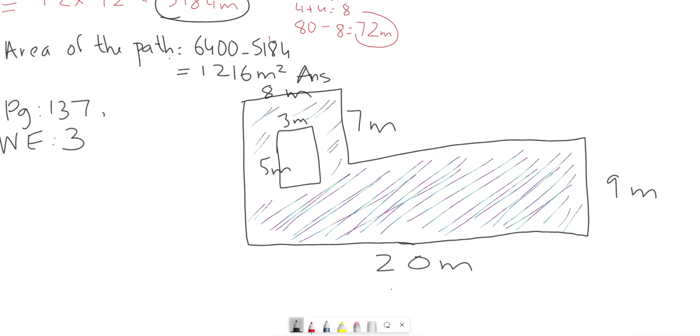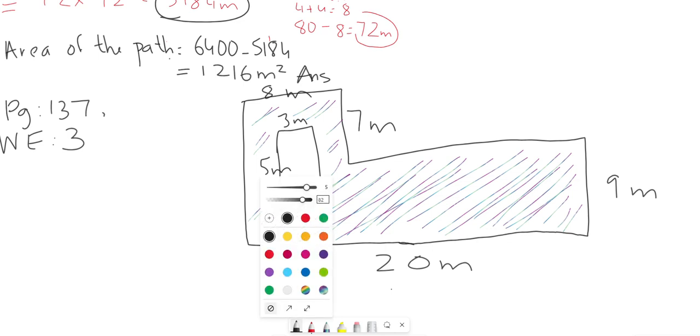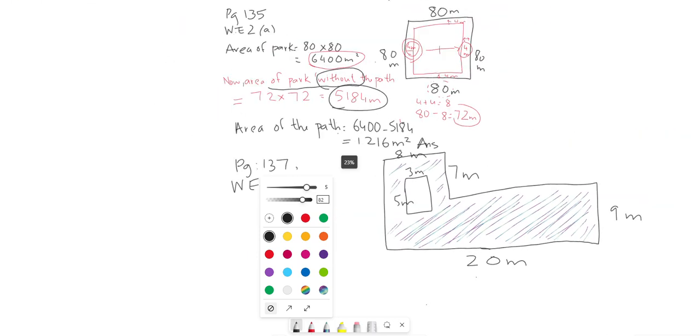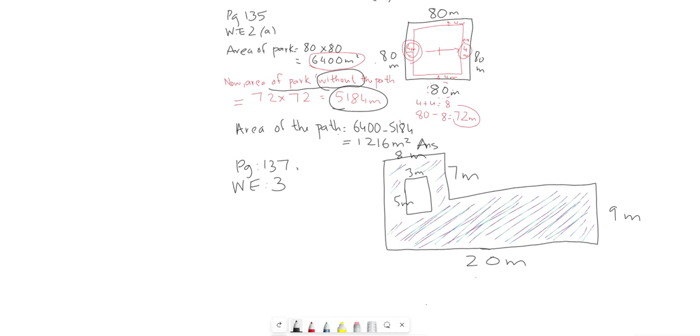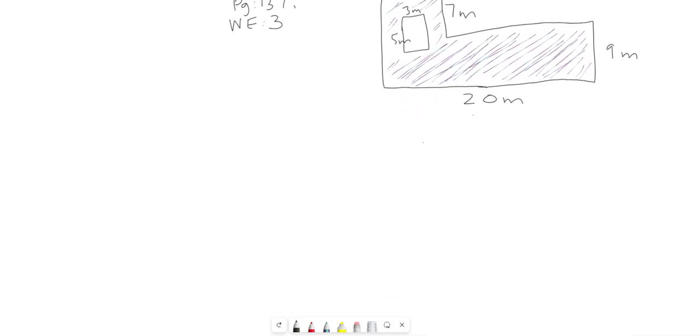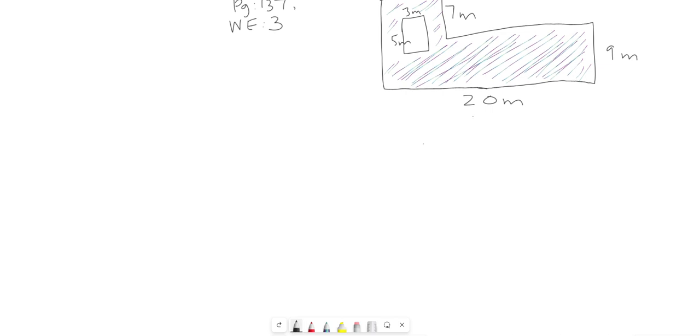All right, that's it. So according to the book, first of all, let's write the formula of area of a rectangle.